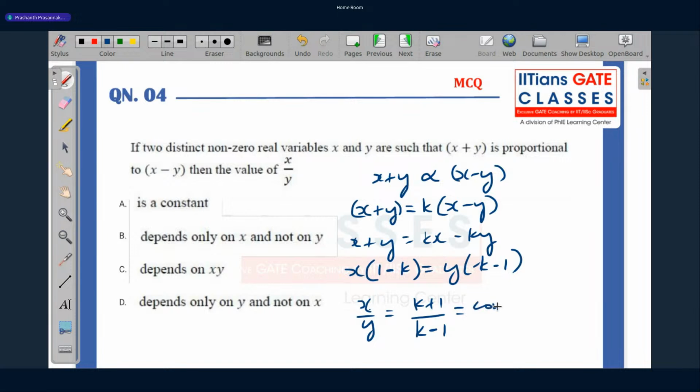This is also a constant, as k is a constant. So the option is correct. The value of x by y is a constant.